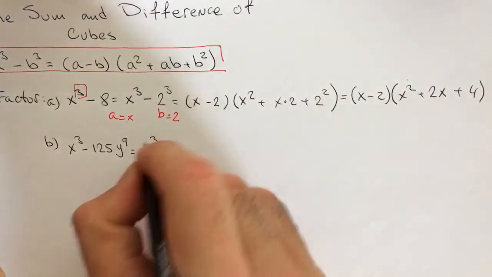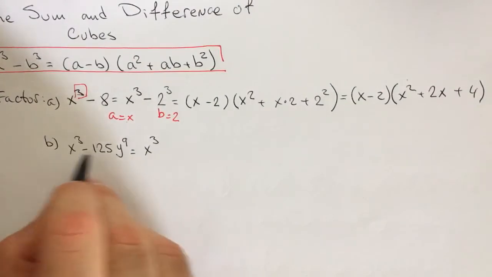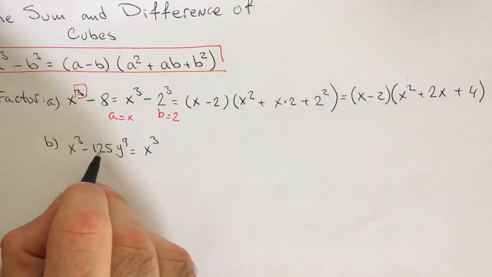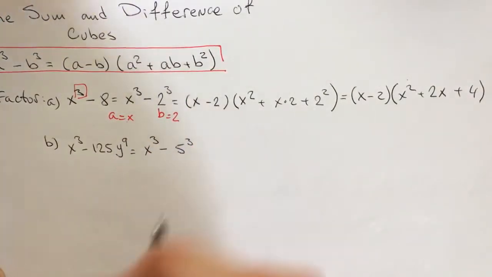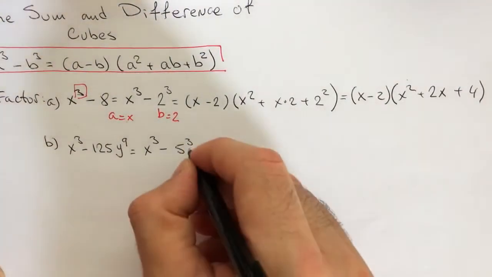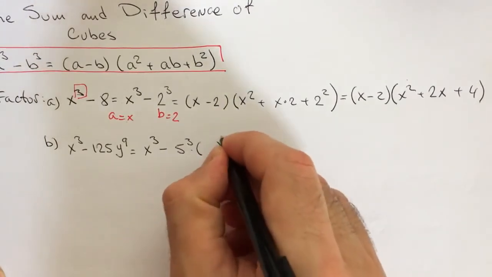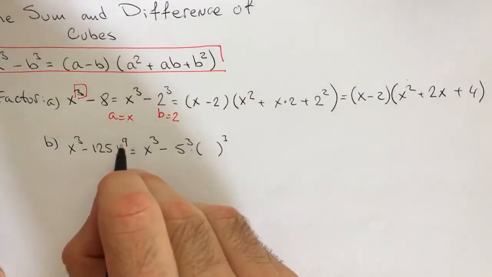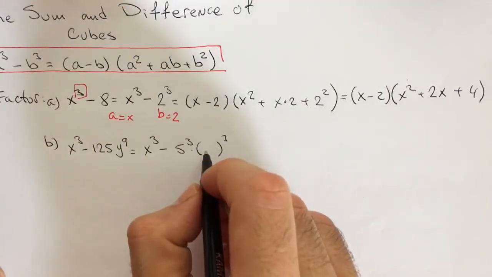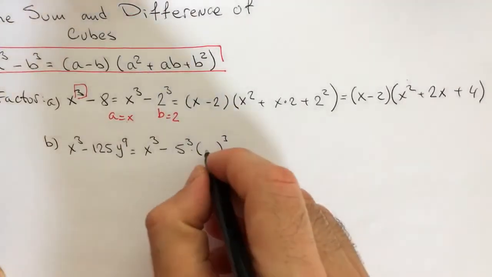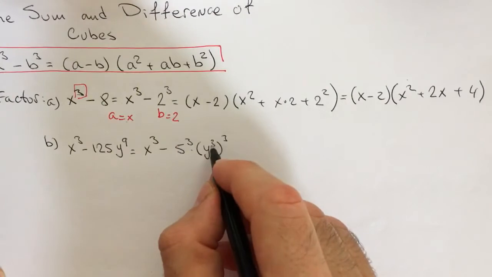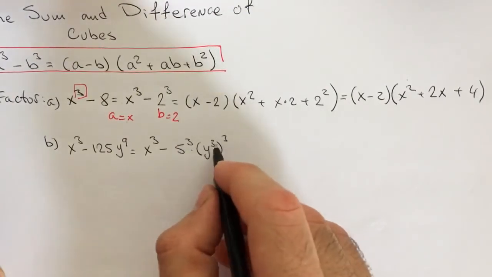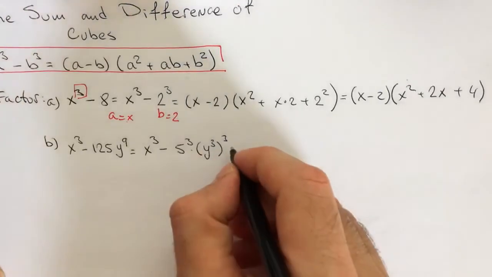Well, the first term here gives us a hint that maybe a difference of cubes will work. 125 is 5 cubed, so that's minus 5 to the power of 3. 5 times 5 is 25, times 5 is 125. And this is y to the power of 9, so y to what power? To the power of 3 will give us y to the power of 9. That's y cubed, y cubed cubed. When an exponent is raised to another exponent, we multiply the exponents. y cubed to the power of 3 is y to the power of 9.